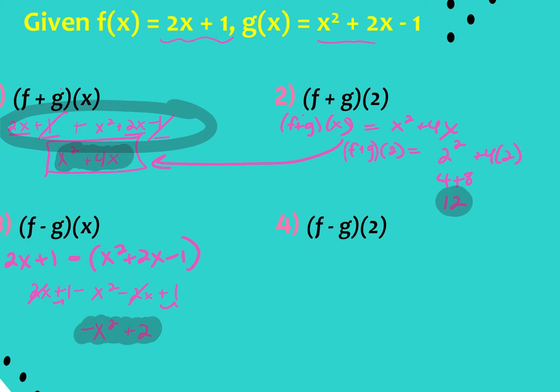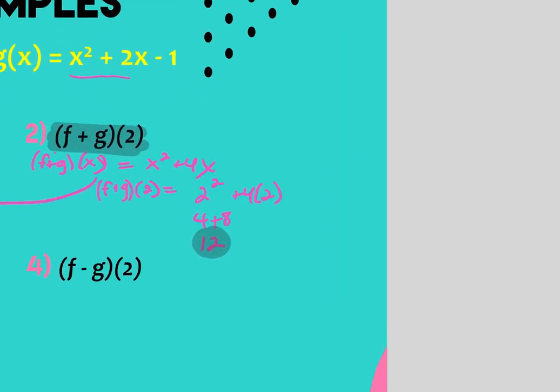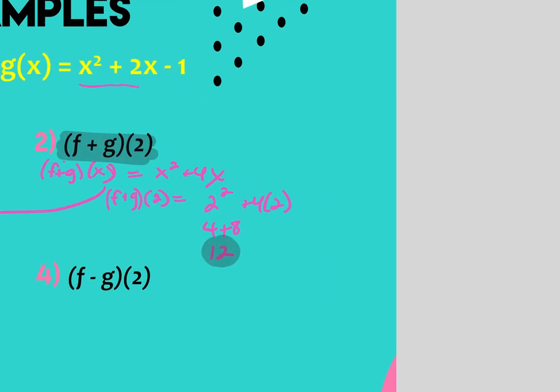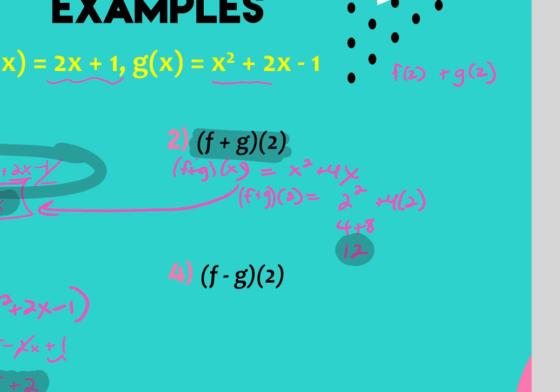The second method is probably what I would say, unless you already did question 1 first and then question 2. If you went straight to question 2, I would probably do it the other way, which is find f of 2 and add to it g of 2. So I'm going to find f of 2. I'm going to take f of x and I'm going to plug 2 in. 2 times 2 plus 1, which is 4 plus 1, which is 5.